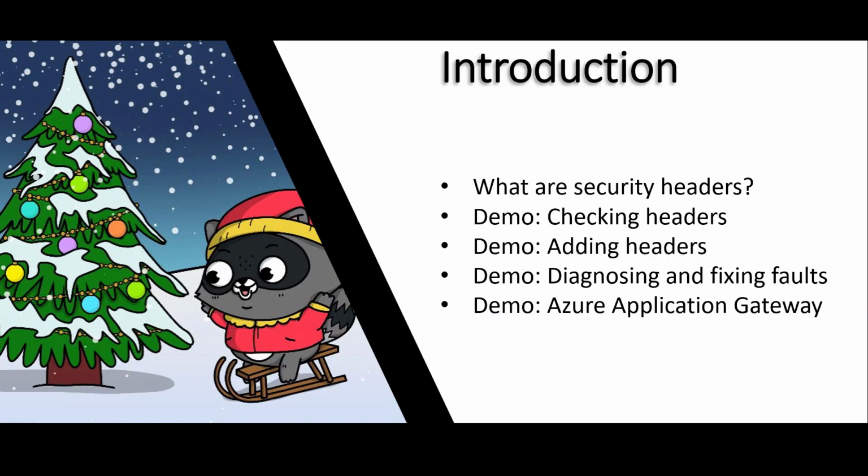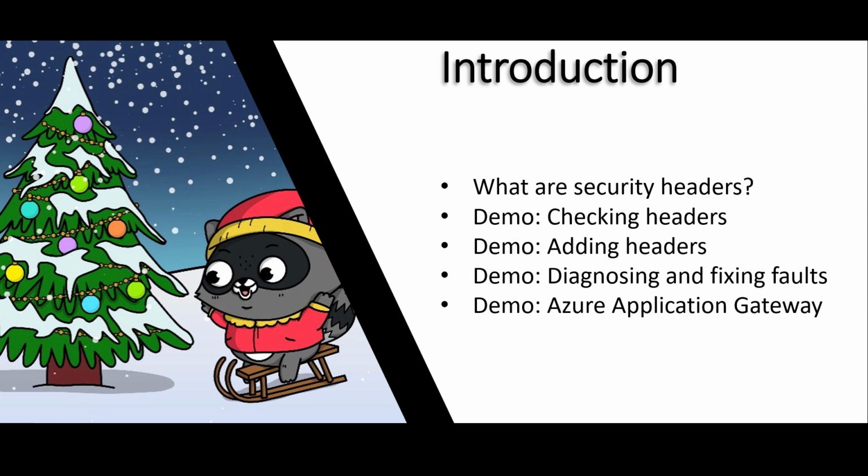In terms of an agenda, I'm going to start by covering what HTTP security response headers are and why you should use them. Then we're going to jump into a demo and see how to investigate the current headers, getting a baseline score for our Azure Web App hosted website. Next, we'll look at how to implement headers using this same website and see the impact of not doing it correctly.